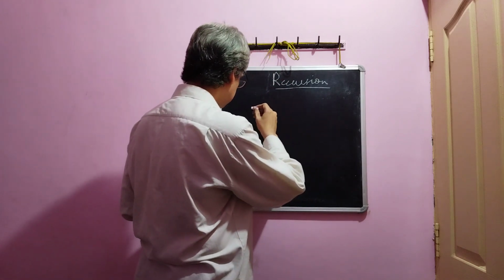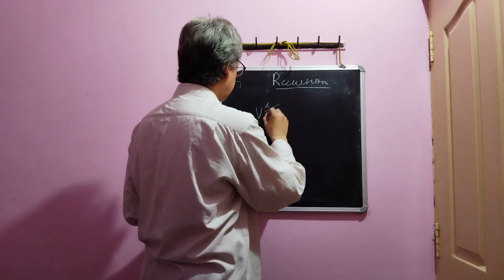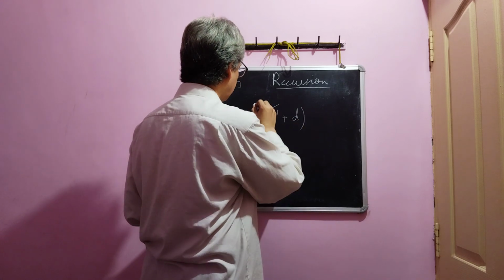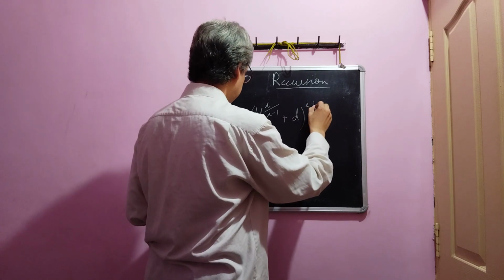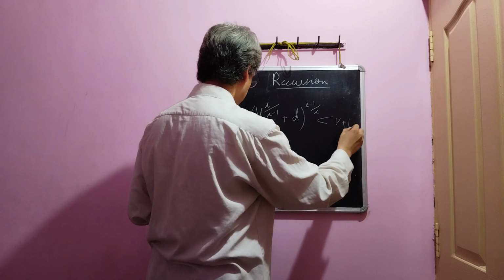And this will be valid or feasible if and only if (v^(i/(i-1)) + d)^((i-1)/i) is less than v + 1.